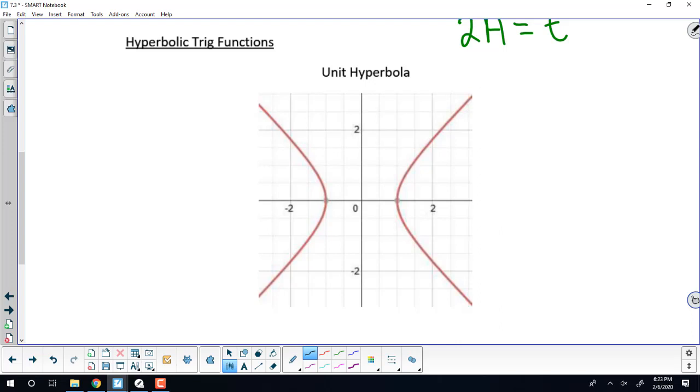Anybody want to take a shot at that? Yeah. So it's x squared minus y squared equals 1.